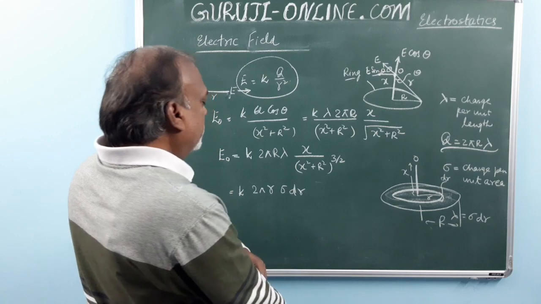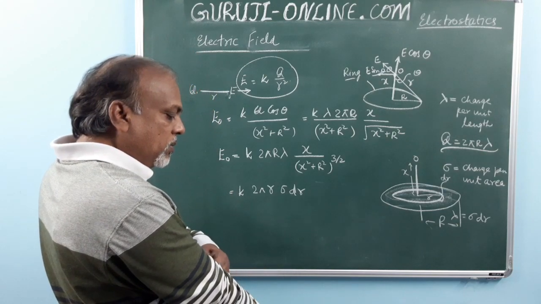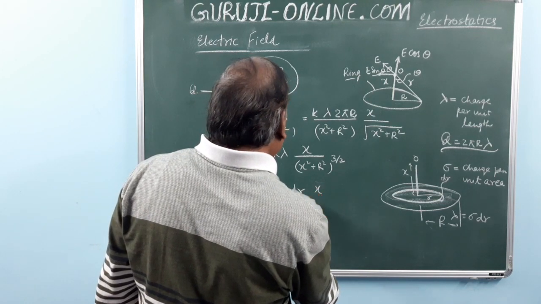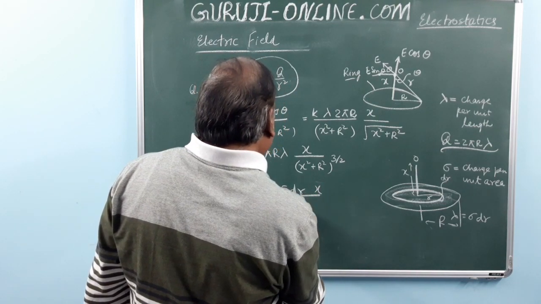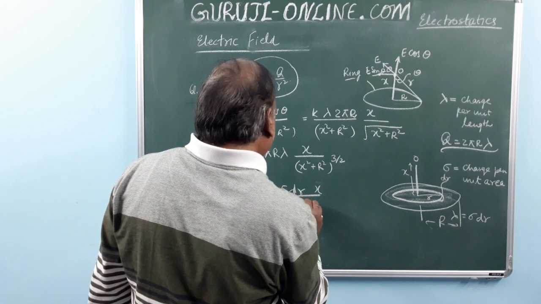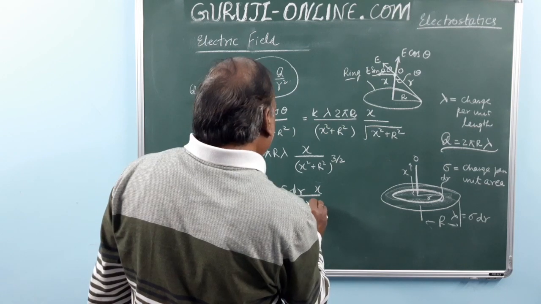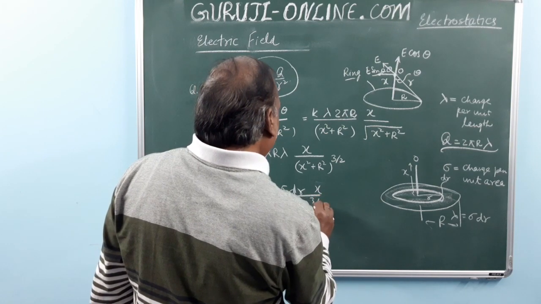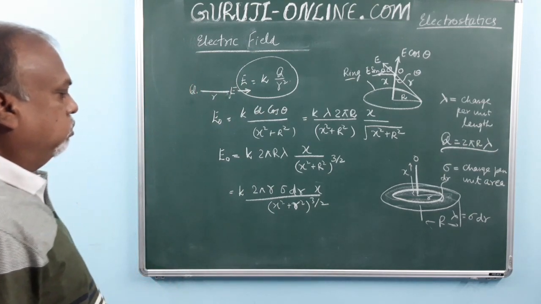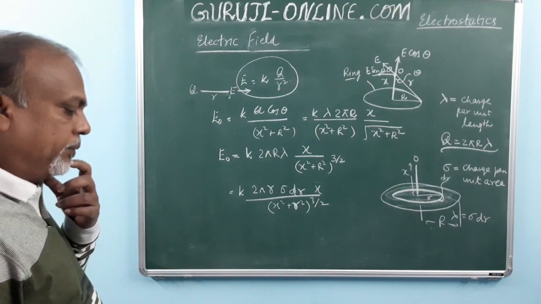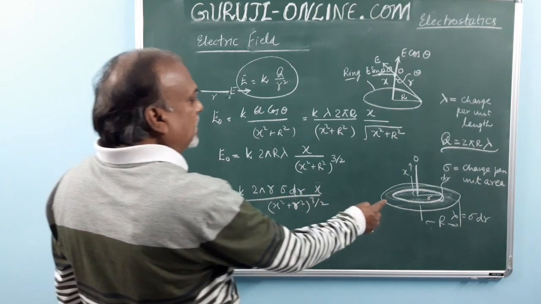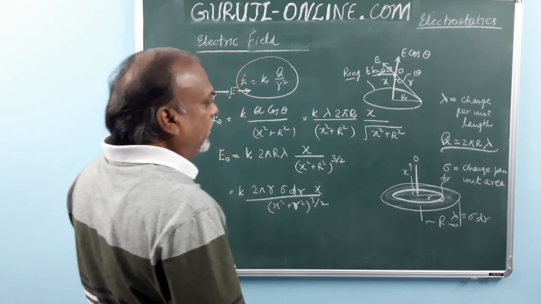And your x upon x square plus r square to the power 3 by 2. Correct. Now basically this is the electric field due to the ring.